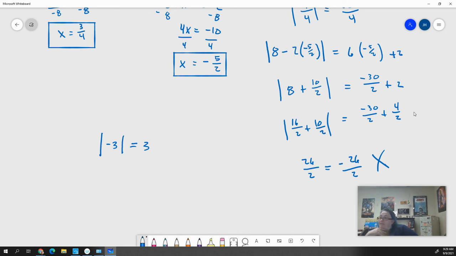So like all we have in here are numbers. Whatever these add up to, if this was -26/2, when we pulled it out of the absolute value, it would be positive 26/2. And I hate even saying 26/2 because that's 13.